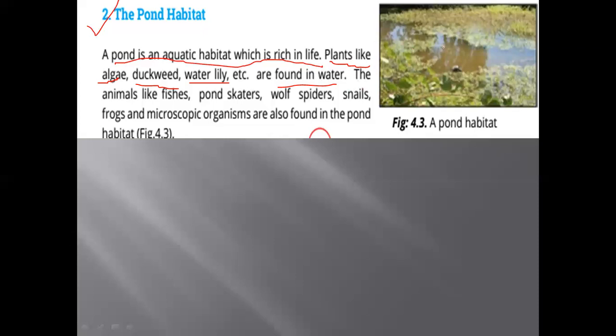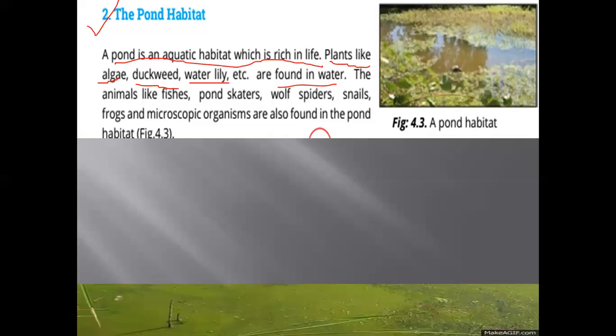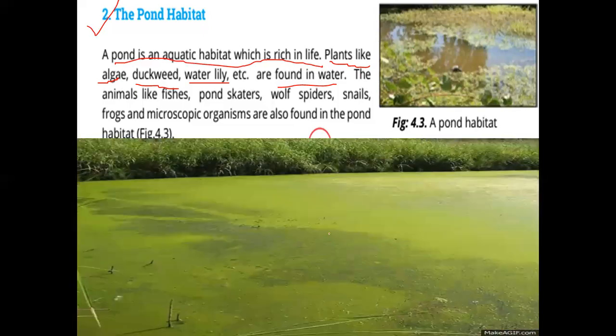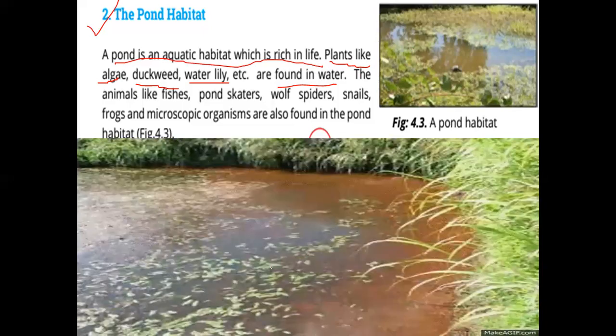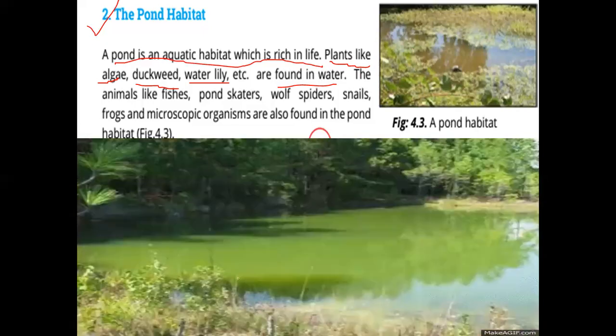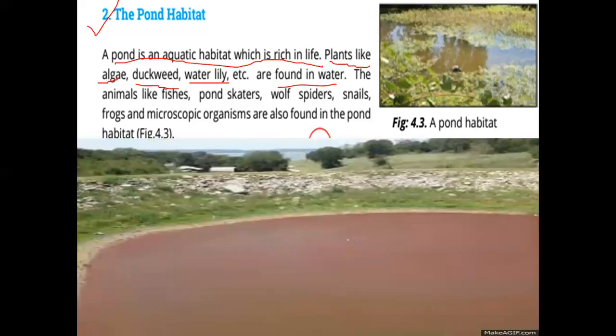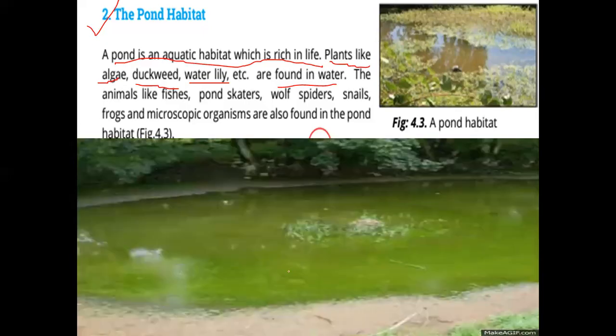If you find the water green in color, there is a layer of green over there, so we will say that that is algae present over there. That green is algae which grows on the water.